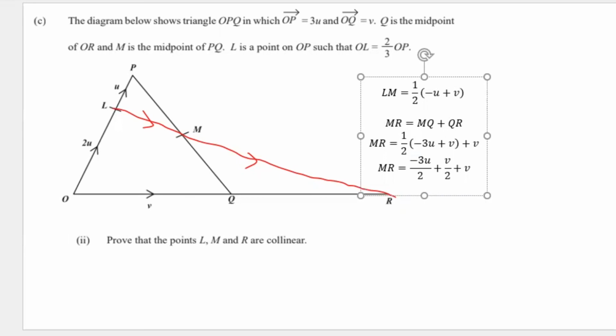So MR is equal to minus 3 over 2 U plus 3 over 2 V.